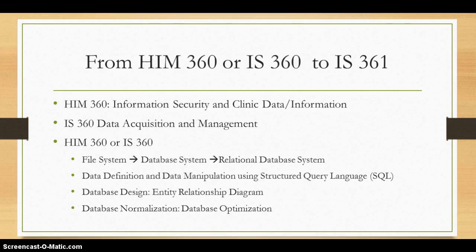Then we are talking about database design, including ER modeling, which is called entity relationship diagram, so that you can convert the diagram into database tables, so that you can implement and deploy it for an information system. Then we talk about data normalization.